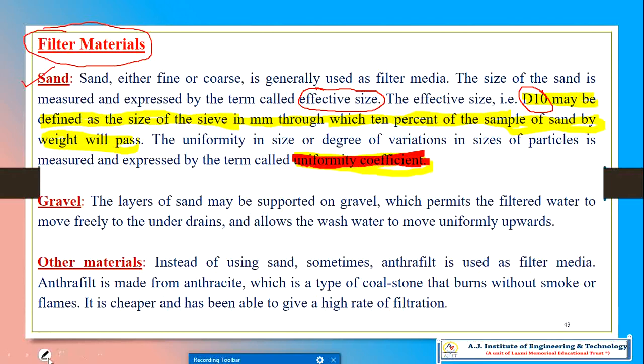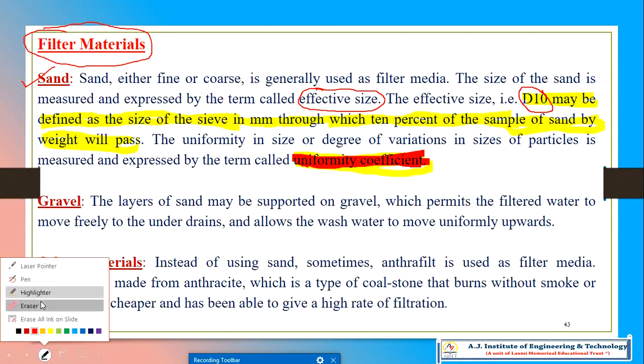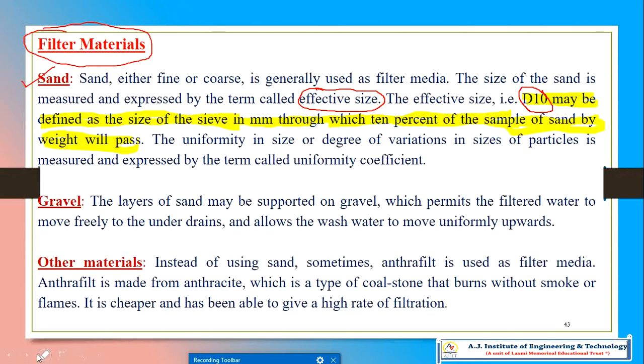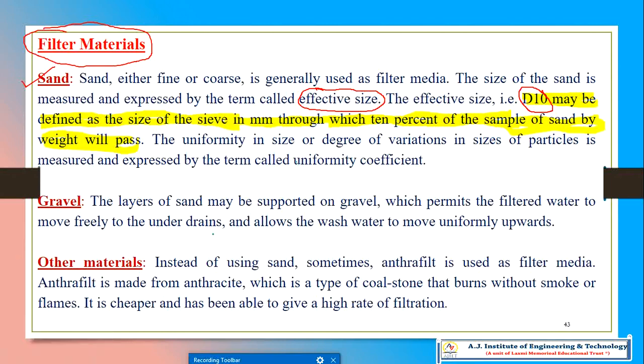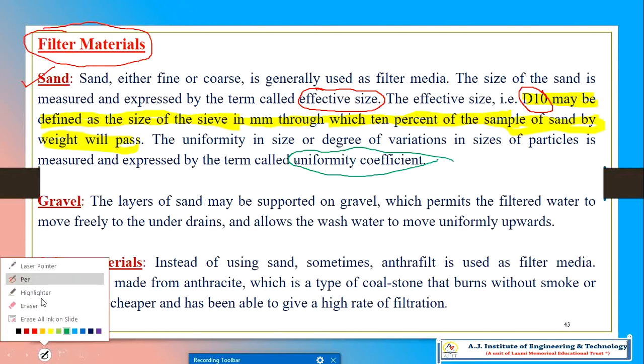D10 is defined as the size of the sieve through which 10% of the sample has to pass.